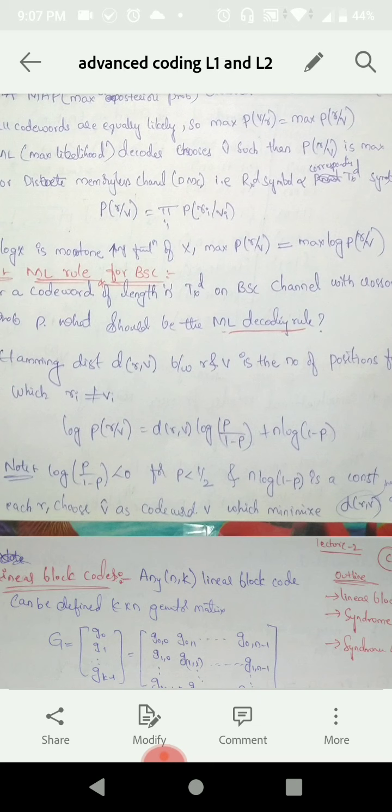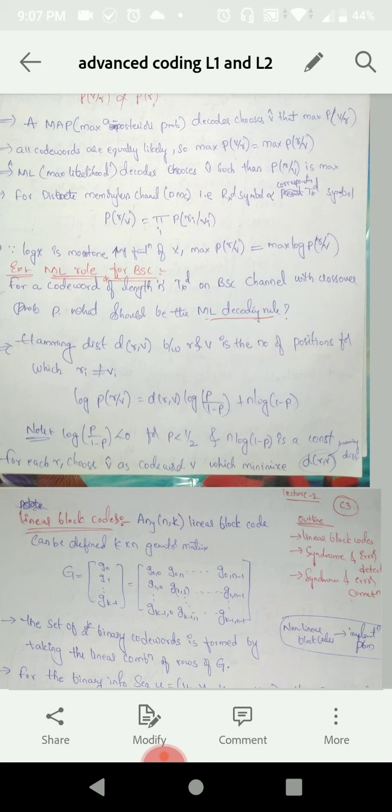So log of p by 1 minus p is less than 0 for all p less than 1 by 2, and n log 1 minus p is a constant. So for each r, choose the estimate v as the code word v that minimizes the Hamming distance.